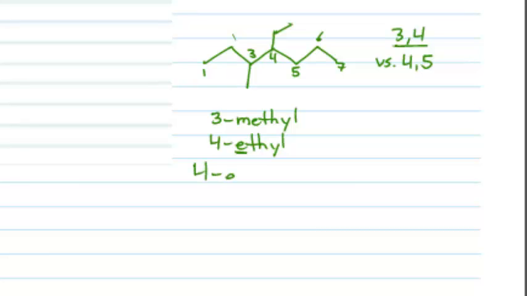So 4-ethyl first alphabetically, then followed by my methyl group. Those are the only two substituents. So now I just name out my parent chain. My parent chain is 7 carbons long. 7 carbons is heptane. So the name of this compound is 4-ethyl-3-methylheptane.